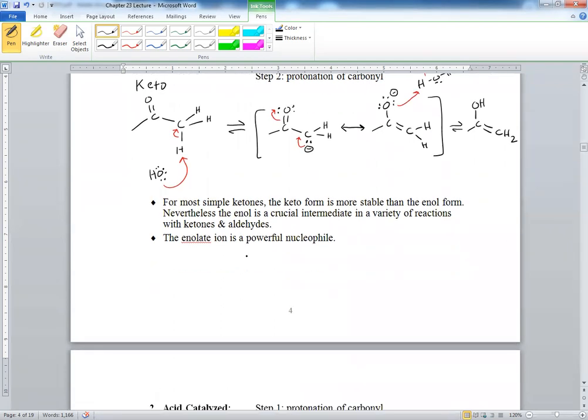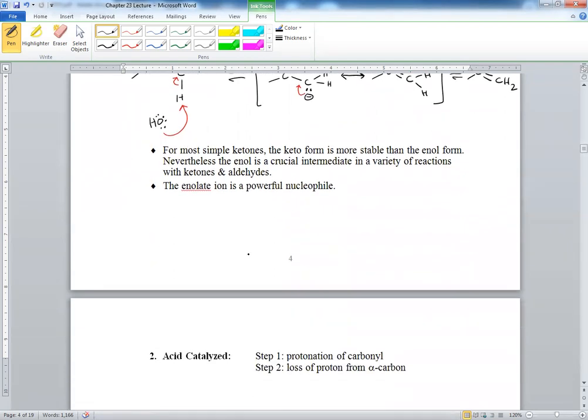So now the enolate ion is a powerful nucleophile, and that's why there's an emphasis on enolates. So if we have, of course, an enolate formed, now this can be written multiple ways. You can leave it like that.